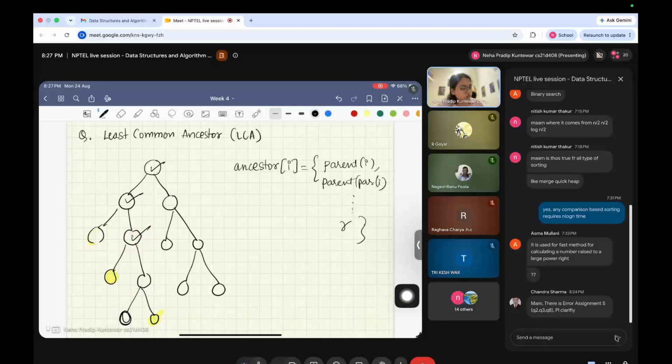So you are given a tree. Assume it is a binary tree, need not be complete. Input that's coming to you is two nodes, n1 and n2 in the tree, and you want to output the least common ancestor.